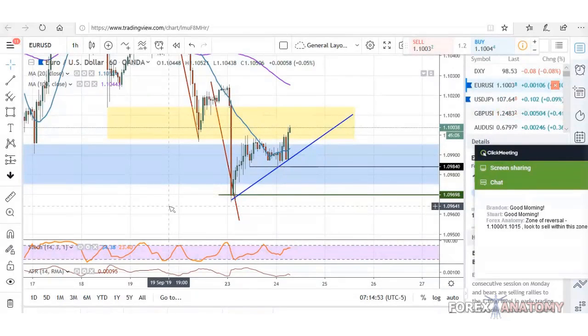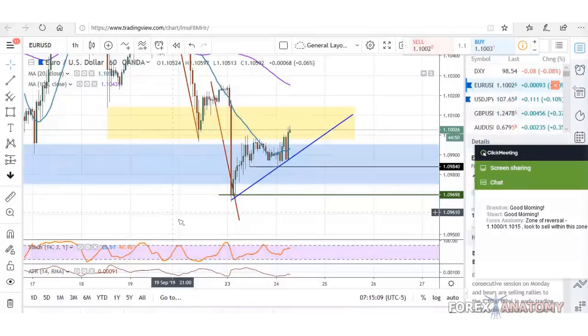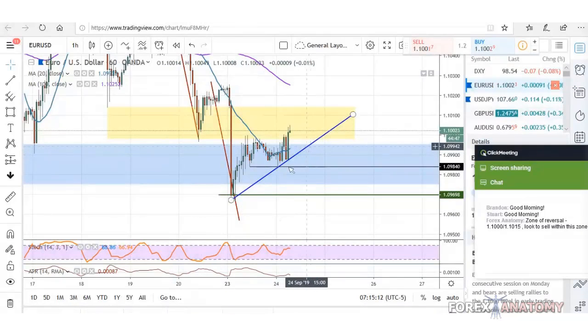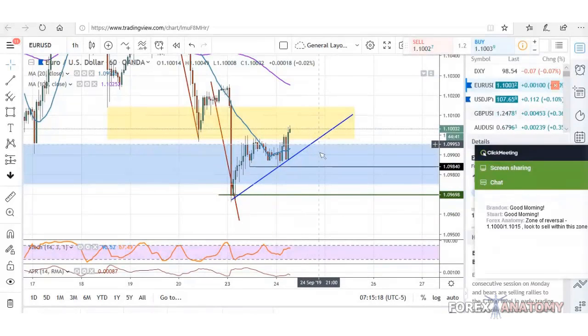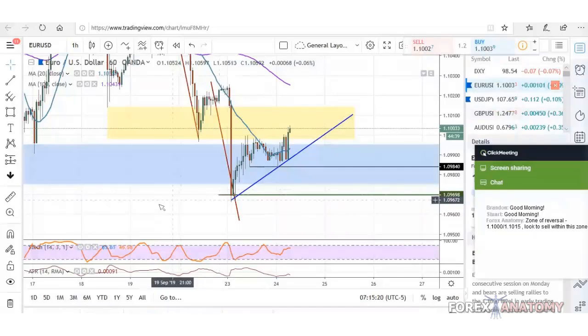Even though there's another entry confirmation strategy that we use that's a lot better than waiting for a trend line break, this is something that you could do if you want, that bearish confirmation. You can just wait for price to break and close below this ascending trend line right here, and then execute your sell, and then target the lows down here.